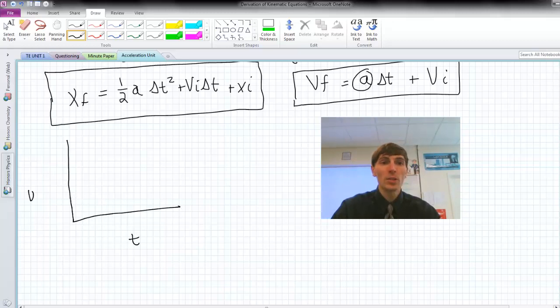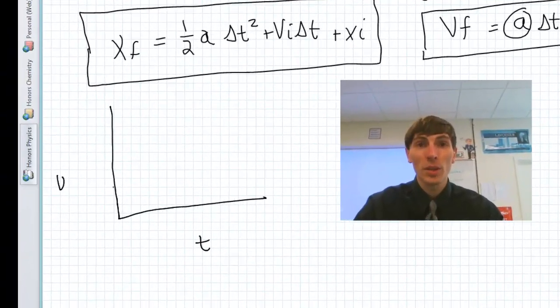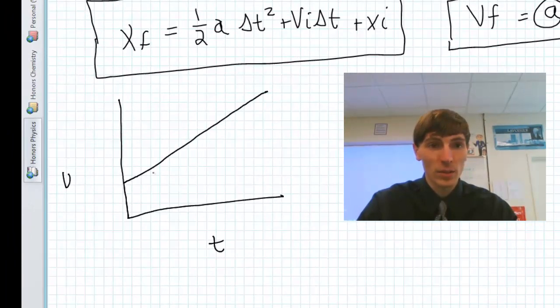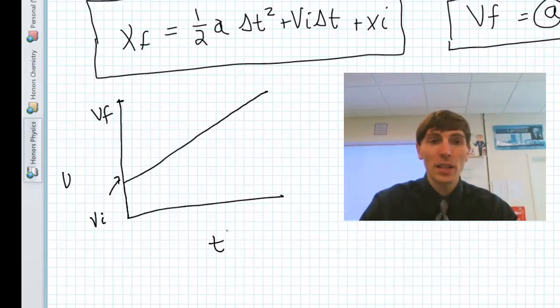I'm going to do one for a cart that went down a hill with an initial push. So I'm going to give it an initial velocity. We're going to call this vi, some initial velocity here, and we're going to call this up here some final velocity that it ended at. And we're going to say that this took some amount of time, and we'll call this delta t.